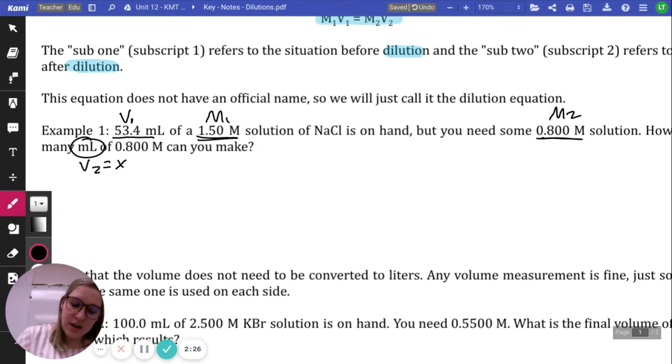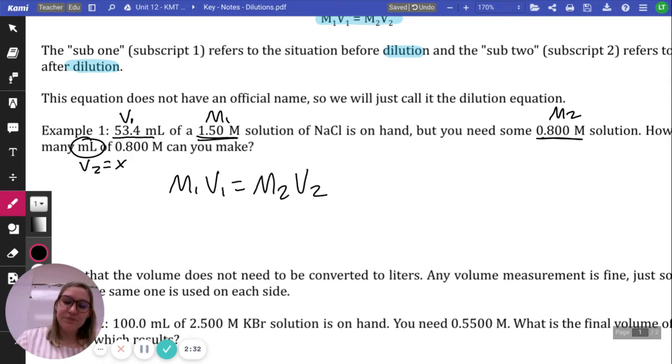So our equation is M1V1 equals M2V2. We're trying to solve for V2, get it by itself. I like to manipulate my equation before I plug in the variables because I just think it's a little easier. So to get V2 by itself, I would need to divide both sides by M2.